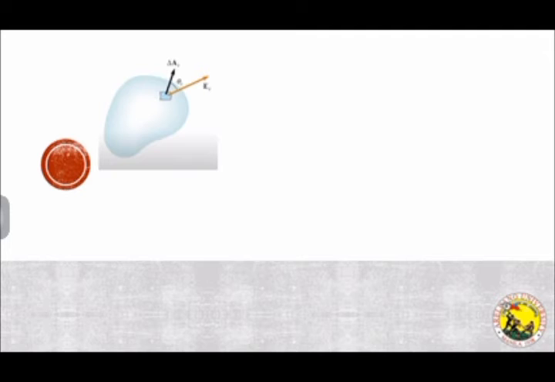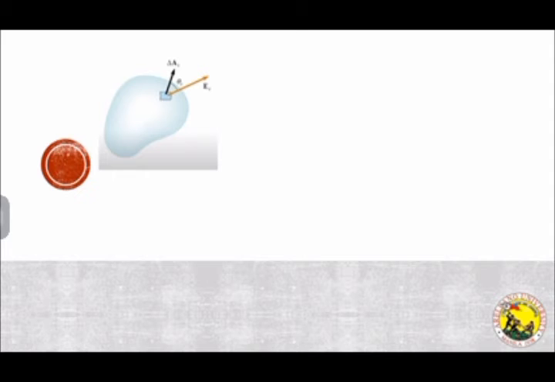Consider a general surface divided up into a large number of small elements, each of area delta A. The variation of the electric field over one element can be neglected if the element is sufficiently small.